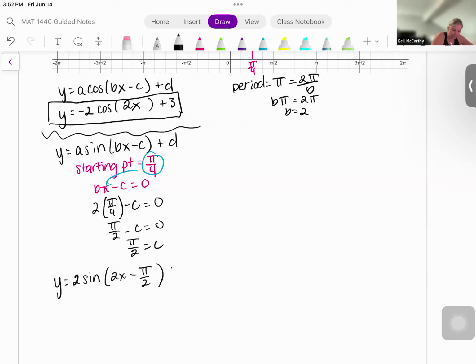And then D is 3. The reason it's a minus pi over 2 is because of how we set up our equation. That is bx minus c. So when we solve for c and we plug that pi over 2 back in, it's 2x minus pi over 2.